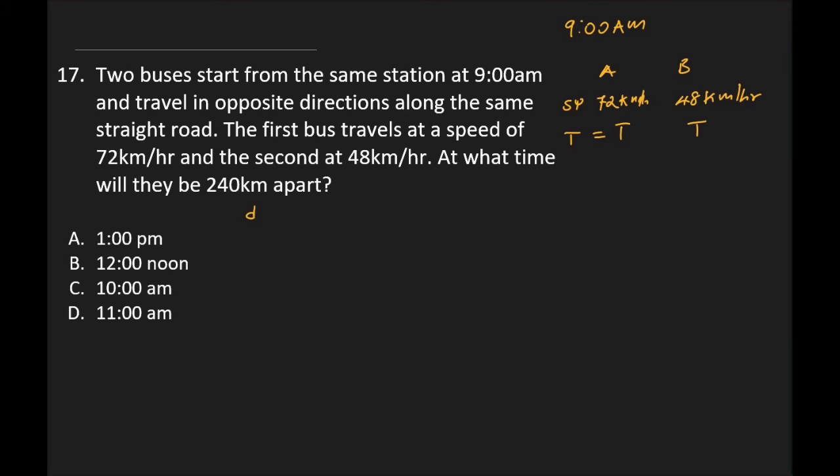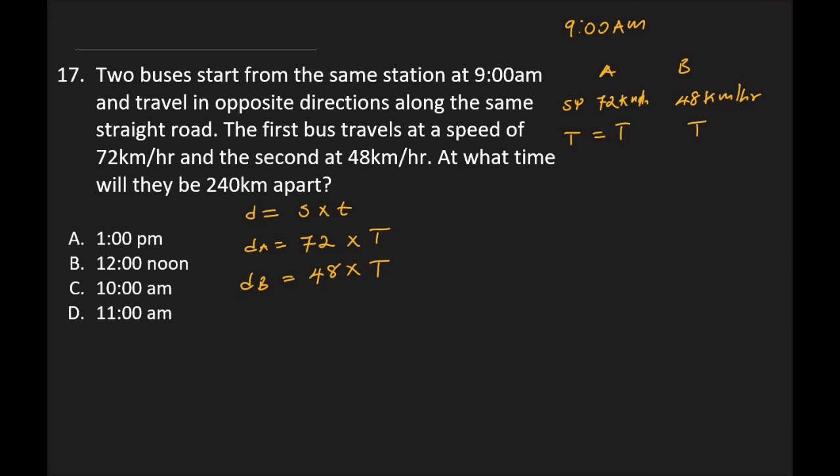Now, distance is equal to speed times time, and the distance for the first bus A will be its speed 72 kilometers per hour times the time t. Likewise, the distance for the second bus B will be its speed times the same time, since the two times are equal.